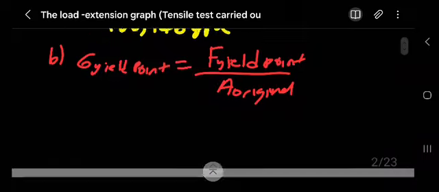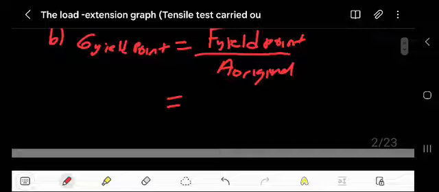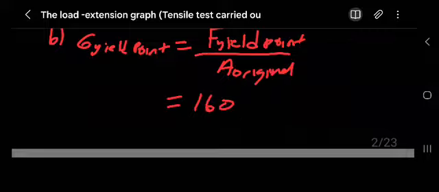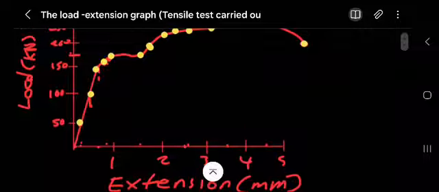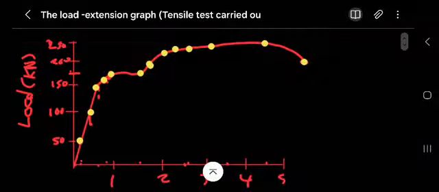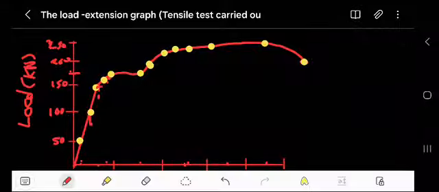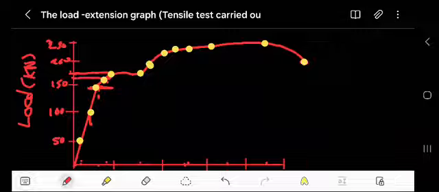So at the yield, 100 is not at the yield. 160, yeah, somewhere here. Remember, there is a limit of proportion. The yield must be somewhere here, somewhere there.